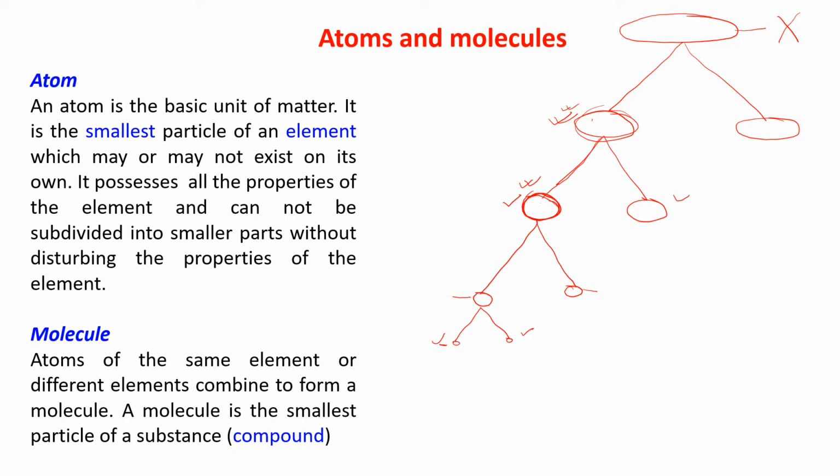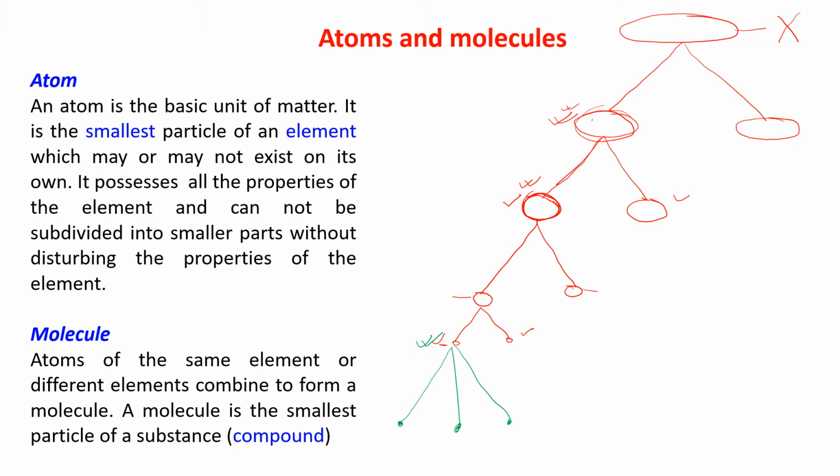Okay, so on the other hand, if you are dividing this particle, you may get 3 different particles possessing not the same property of that element X. Rather, you are getting 3 charged particles.